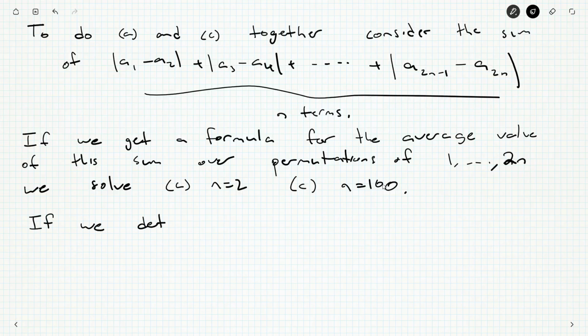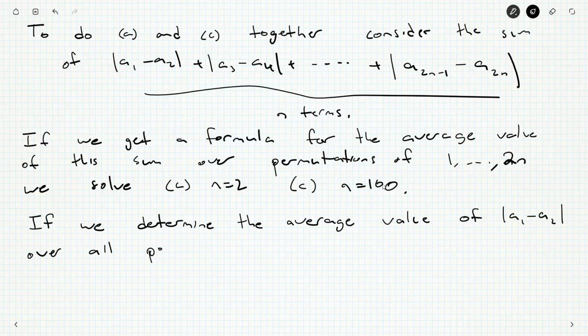If we can determine the average value of the absolute value of A1 minus A2 over all permutations. I don't know whether or not they'd give me marks for that.